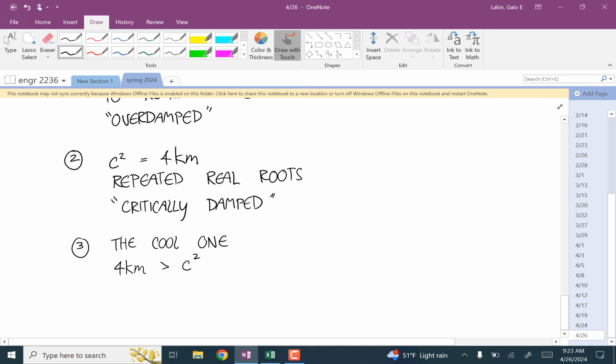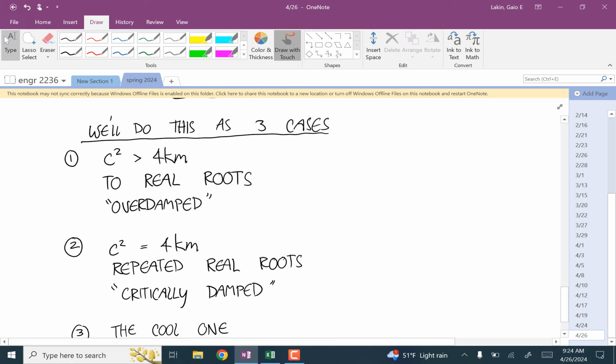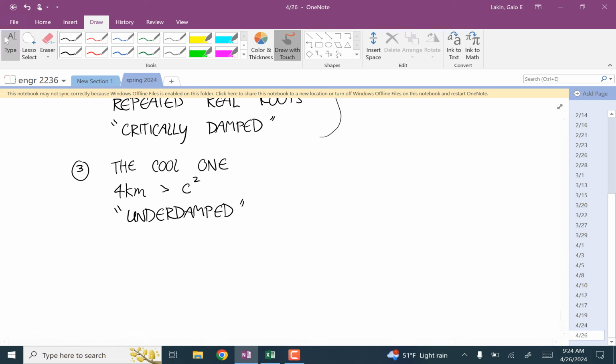This is a case where you don't have much damping, and we're going to call this underdamped. Okay, in these two, you're not going to see oscillations. In this one, you're going to see oscillations with a decreasing magnitude. Like the magnitude keeps decreasing.